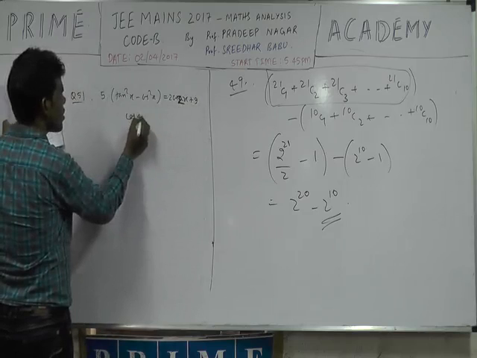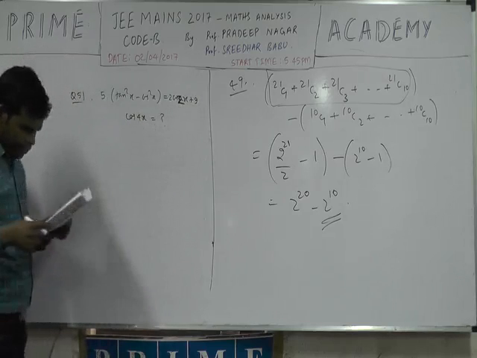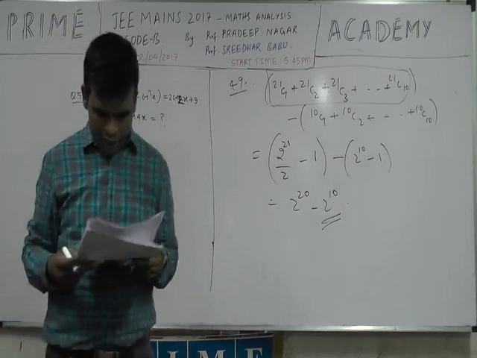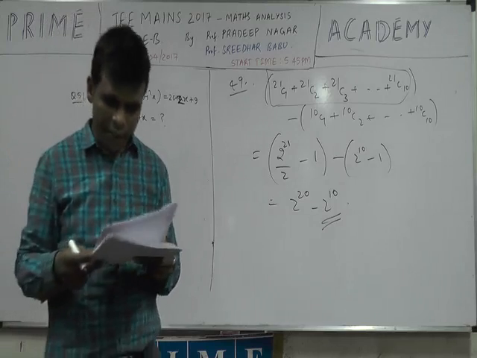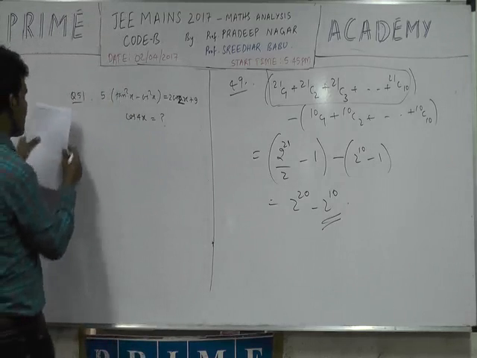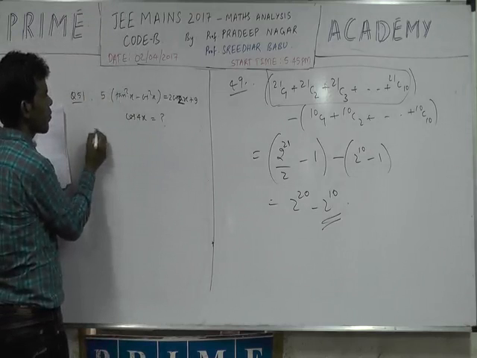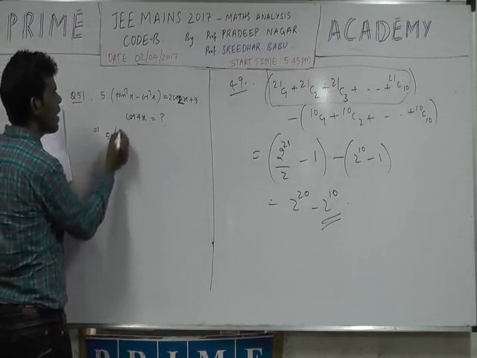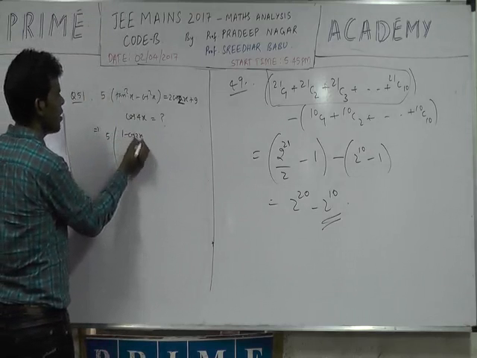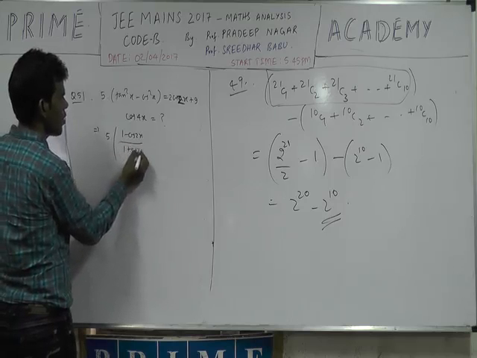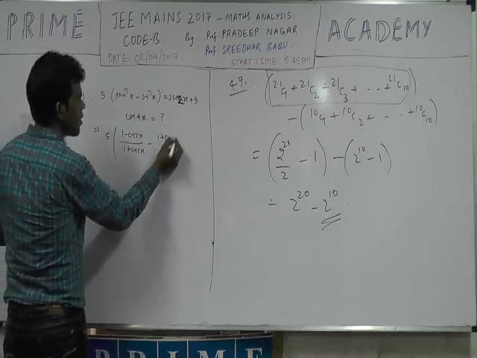Then they are asking cos of 4x. It is also an easy question but a little bit lengthy. You have to convert everything in cos of 2x, which you can easily do by applying basic formulas of trigonometry.